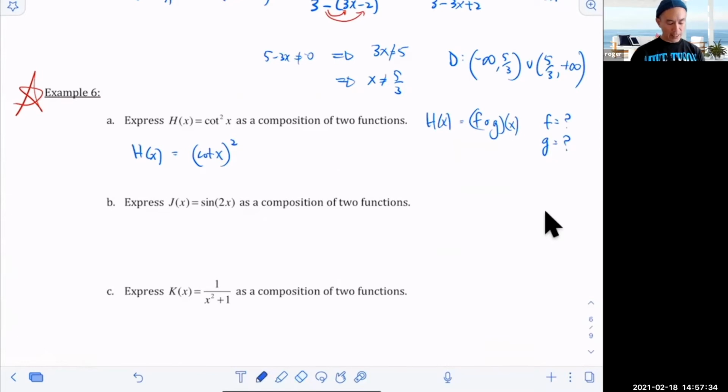So when we look at this guy, what's the outside function going to be? And what's the inside function going to be? The outside function to me looks like squaring. The inside function to me looks like cotangent of x. Does that make sense to everybody or not?